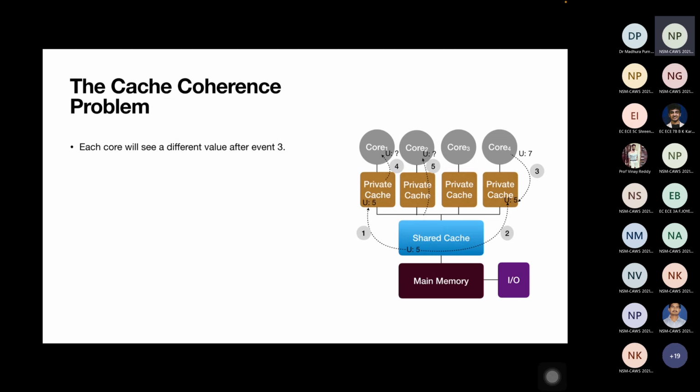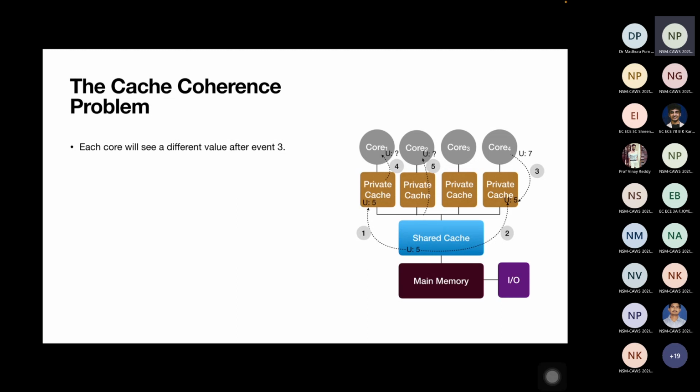When core 4 is updating the value 7 into its private cache, because it is write through, core 4 is also going to update the shared cache. So when core 2 requests the data, it finds a miss in its private cache, but when it goes to the shared cache, it is going to get the correct data. So write through caches solve the problem for the scenario where core 2 is reading the data and the data is not there in the private cache.